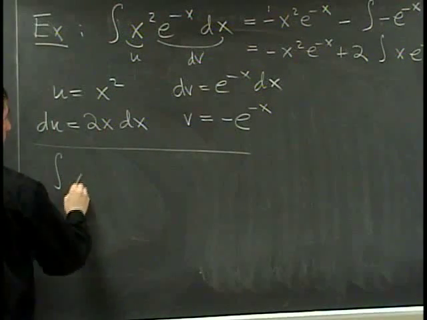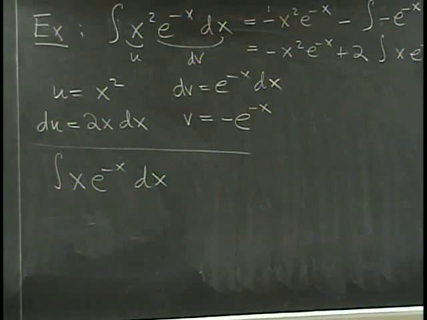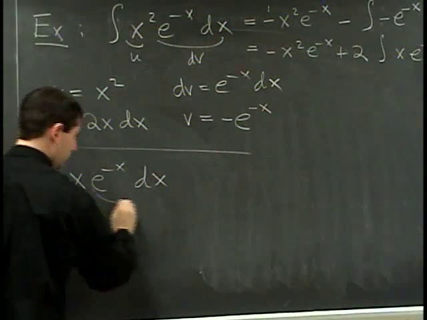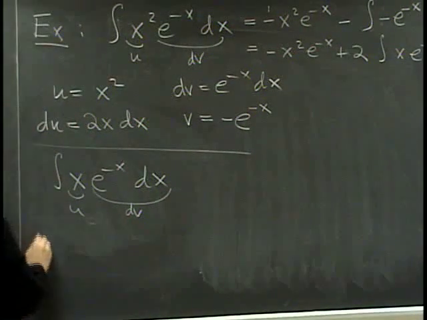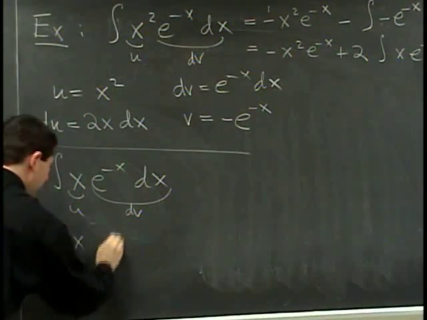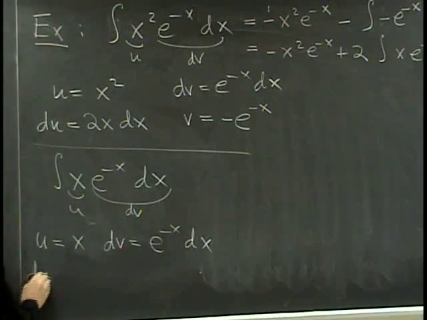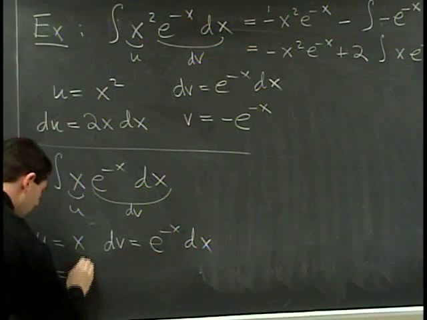You have the integral of x e to the minus x dx. What's going to be my u? X. And my dv? Okay, so u equals x, dv equals e to the negative x dx. So du is 1 times dx, or dx.